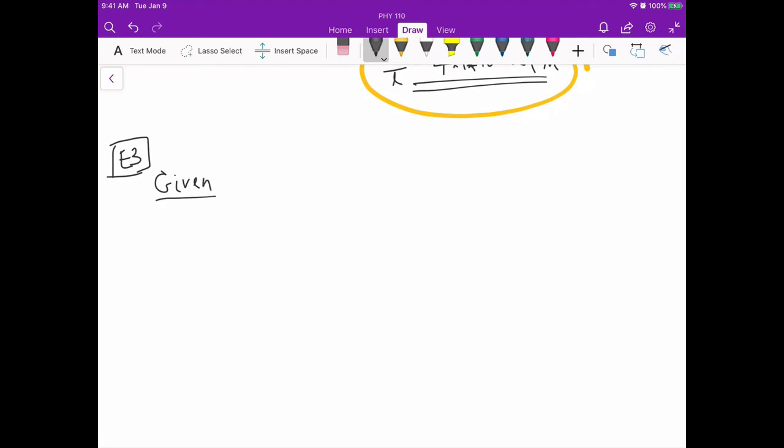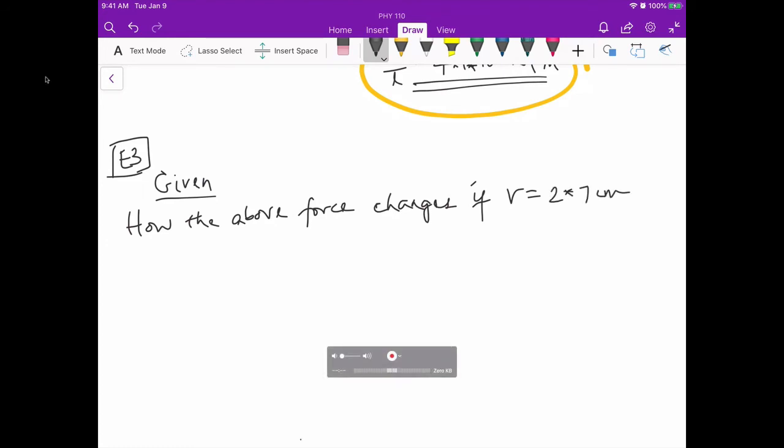It asks how the above force changes if the distance is now twice. That means 2 times 7 centimeter, so your R is now 14 centimeter. 14 centimeter in meter is 0.14 meter, right?